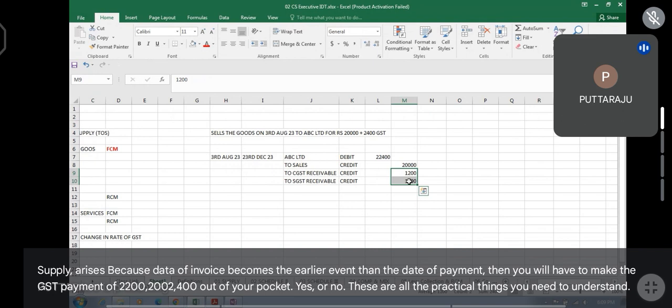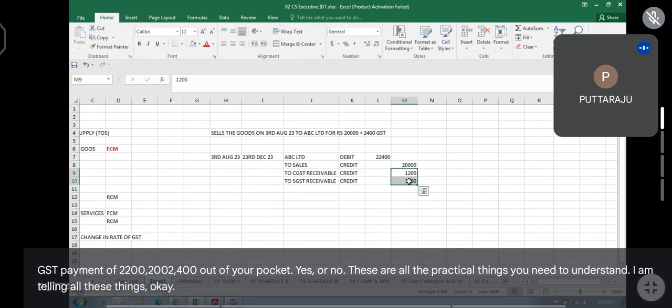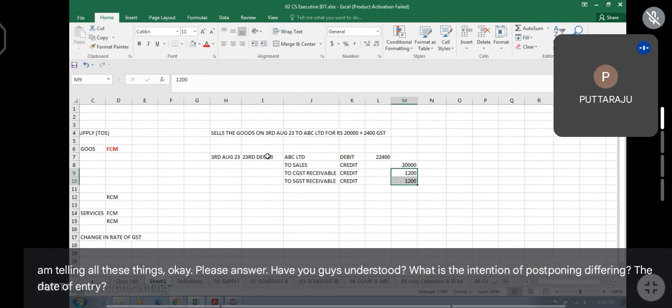Have you guys understood the intention of postponing, deferring the date of entry? To postpone or defer the payment of tax. Understood?